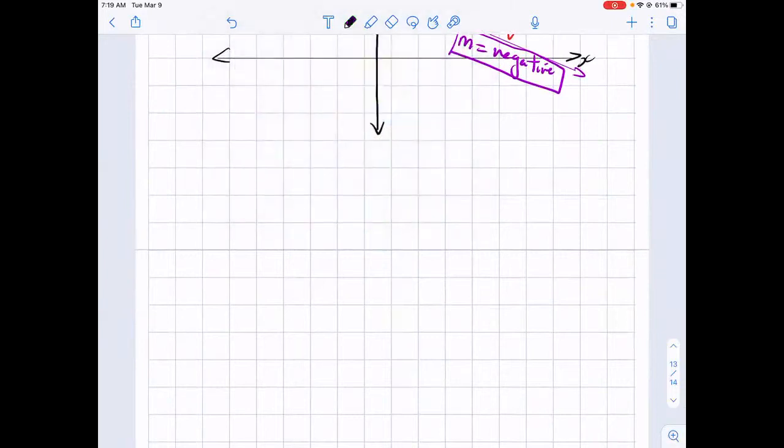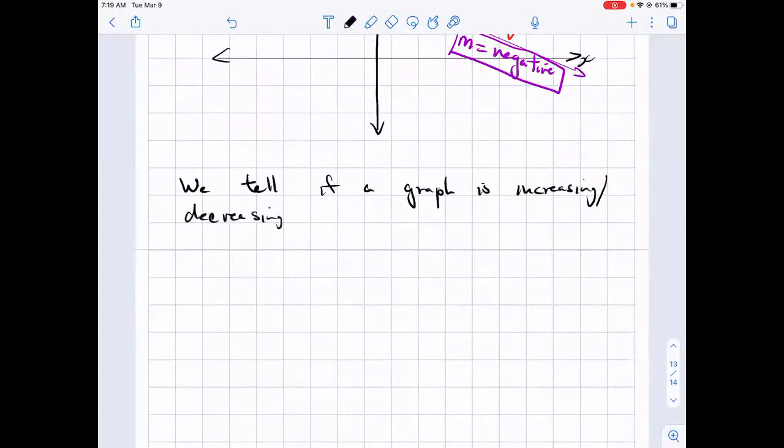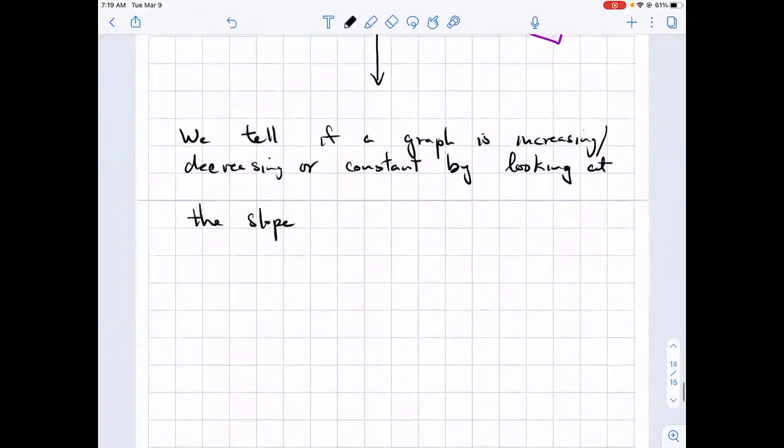So we can tell if a graph is increasing, decreasing, or constant by looking at the slope of the graph at any given x value.